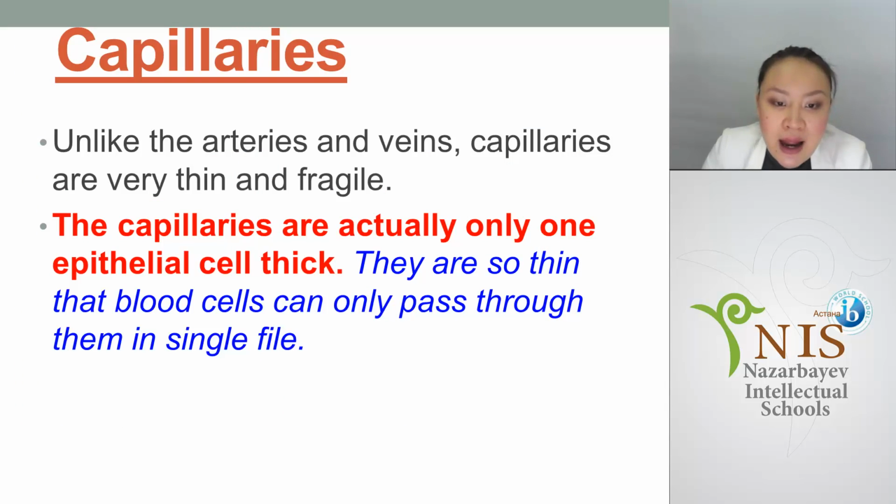Okay, capillaries. Unlike the arteries and veins, capillaries are very thin and fragile. Their thickness is one cell thickness. The capillaries are only one epithelial cell thick. They are so thin that blood cells can only pass through them in single file.